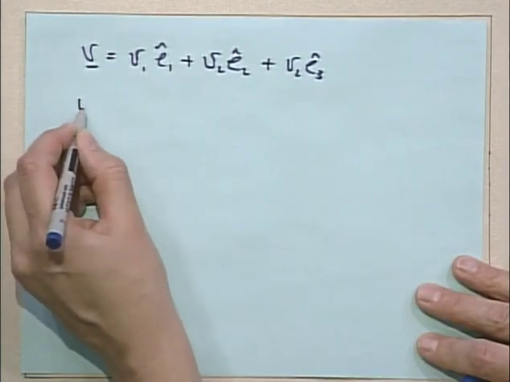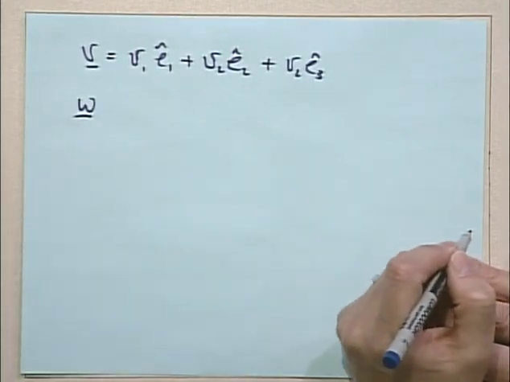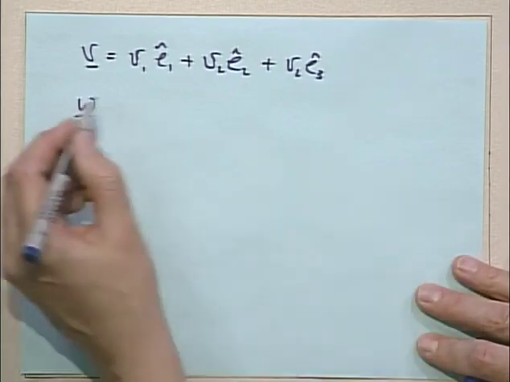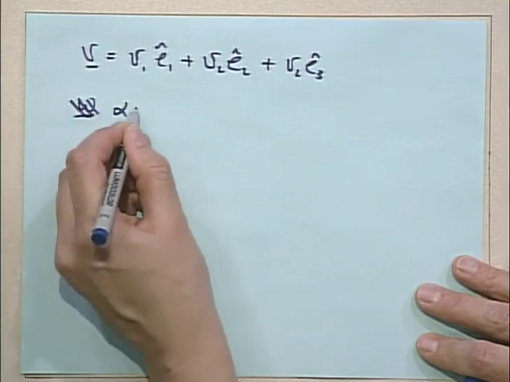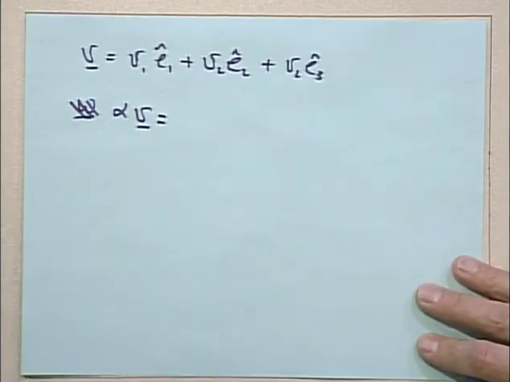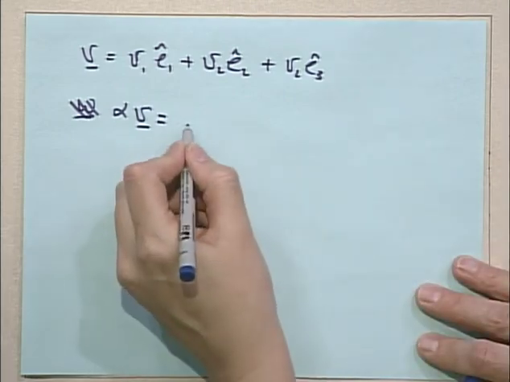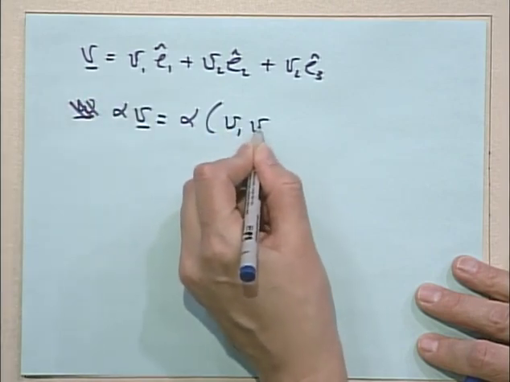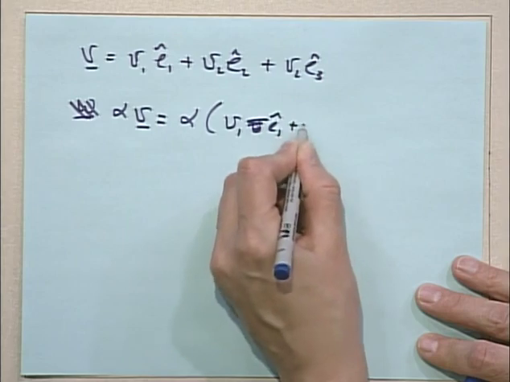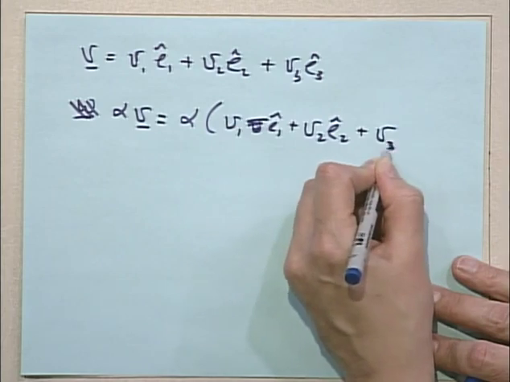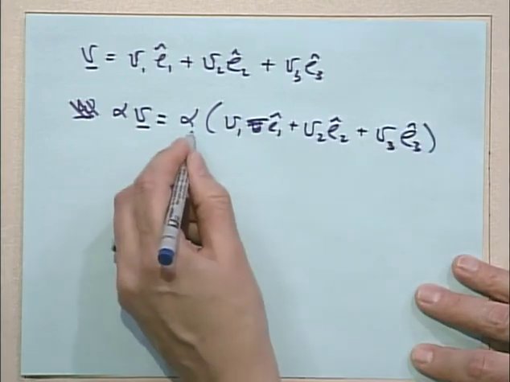Now I'd like to be able to carry out some of those calculations that we introduced, ways of multiplying vectors and scalars. So actually, let me start by multiplying by a scalar. When I multiply by a scalar, we can figure these things out by really just invoking the very formal rules that I discussed a minute ago. So this is alpha times v, and I can write v out. And I can use the distributive rule.